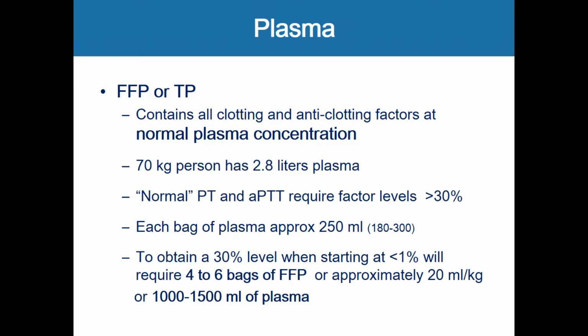This is a huge volume load for many patients. And again, the use of FFP or thawed plasma to correct minimal elevations in particularly PT-INR is not endorsed by a number of societies.